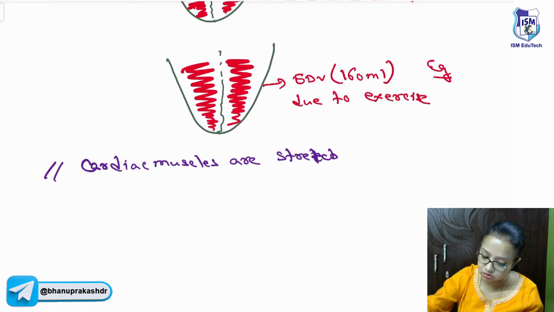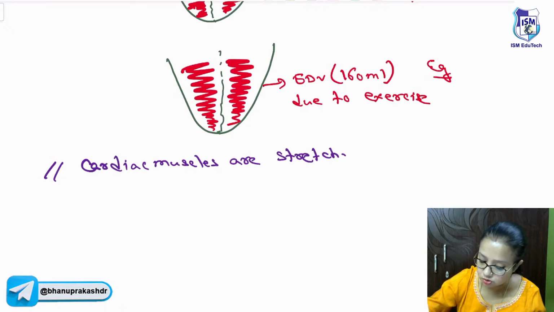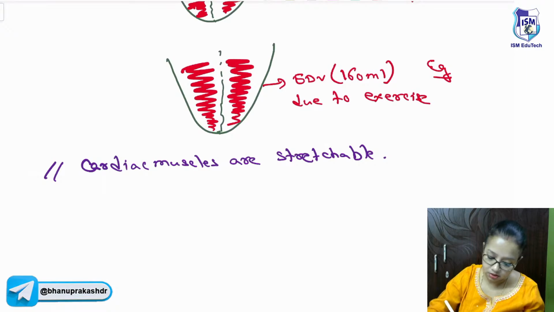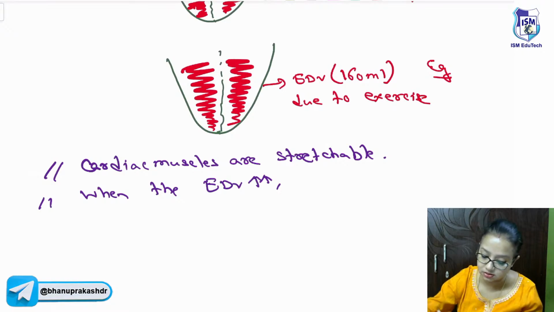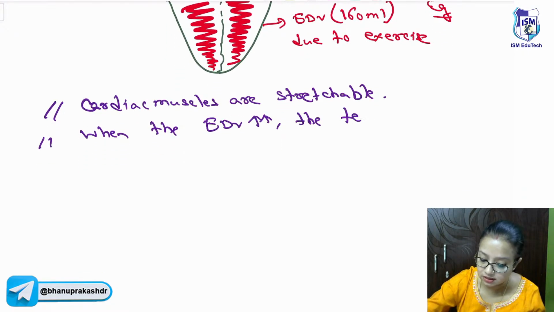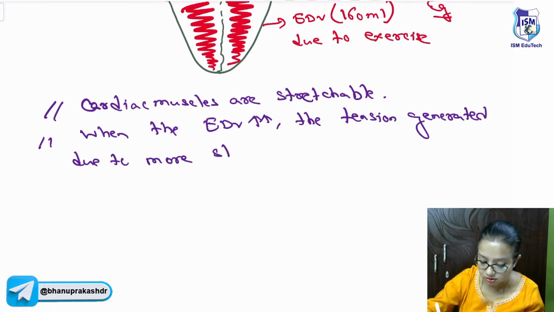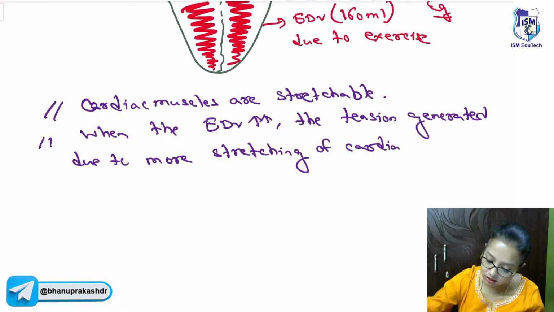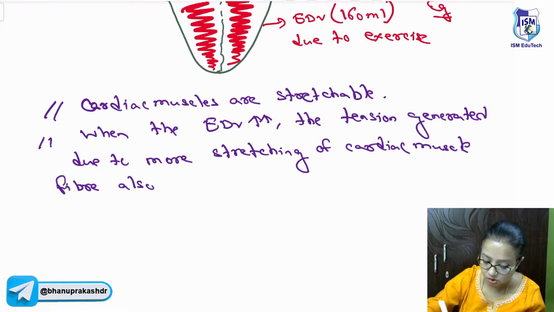When the end diastolic volume increases, the tension generated due to more stretching of the cardiac muscle fiber also increases.